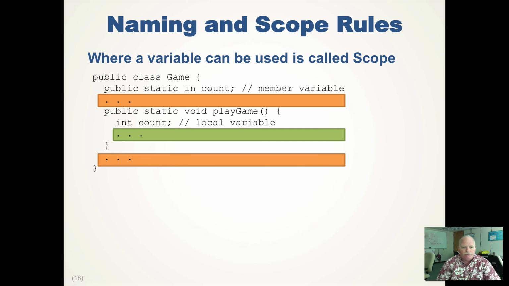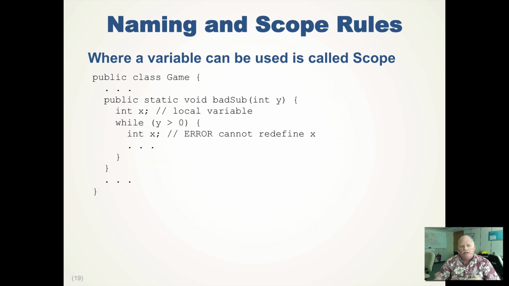So all the references to count inside playGame are referring to the local variable, not the member variable. So it's a little bit tricky if you're going to use local variables that have the same name as member variables, because you've just hidden the member variables.